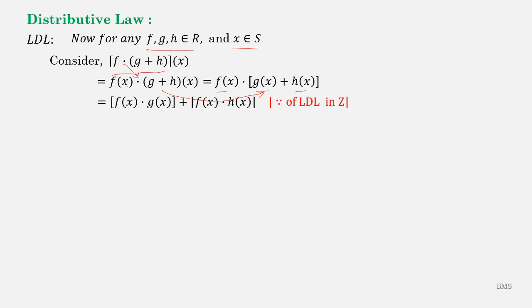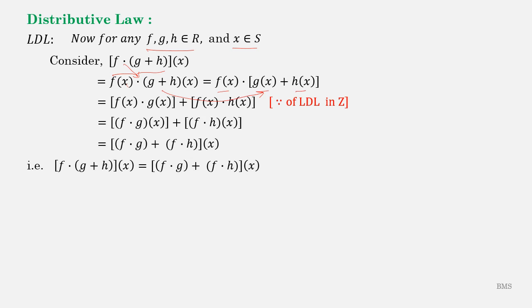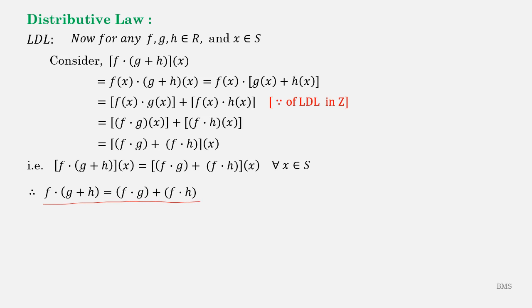That is the reason, because left distributive law in Z. So again you can use the definition of dot here also, and you continue like this. What we have claimed: (f dot (g plus h))(x) is equal to (f dot g plus f dot h)(x). This is for all x belongs to S. Therefore you can arrive at this result.